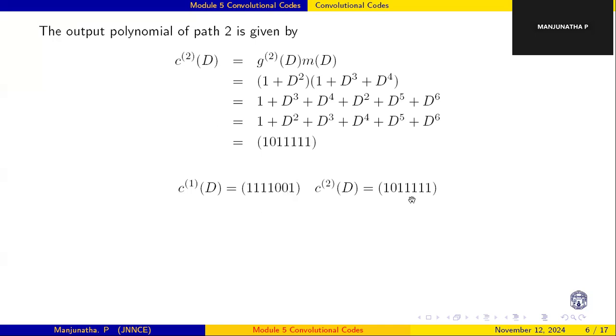So both the codes are written here. Interleaving them, we get 1 1, 1 0, 1 1, 1 1, 0 1, 0 1, 1 1. This is the way you can write it.